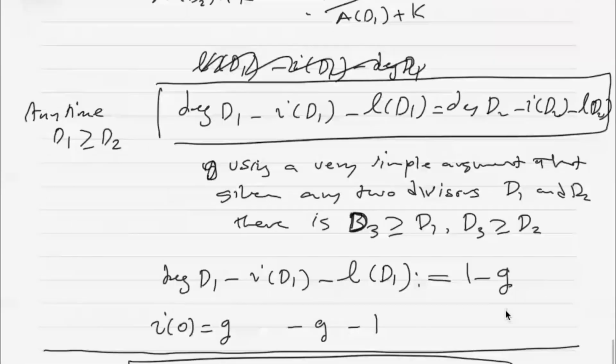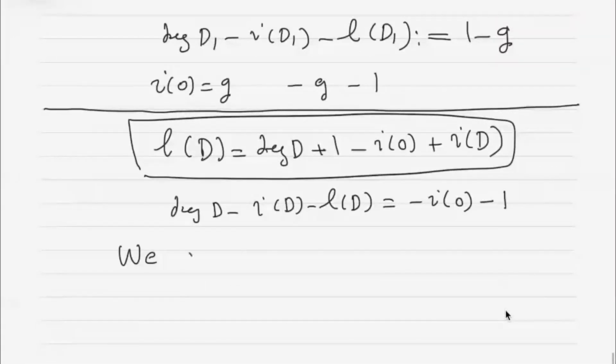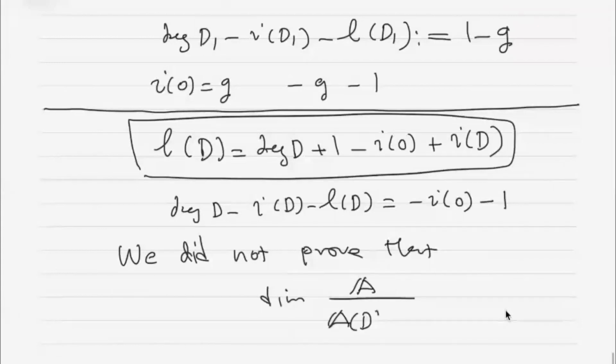So we did not prove that the dimension of A over A of D plus K is finite. And this space that you see here is exactly what I would call the space of obstructions to Mittag-Leffler problem.